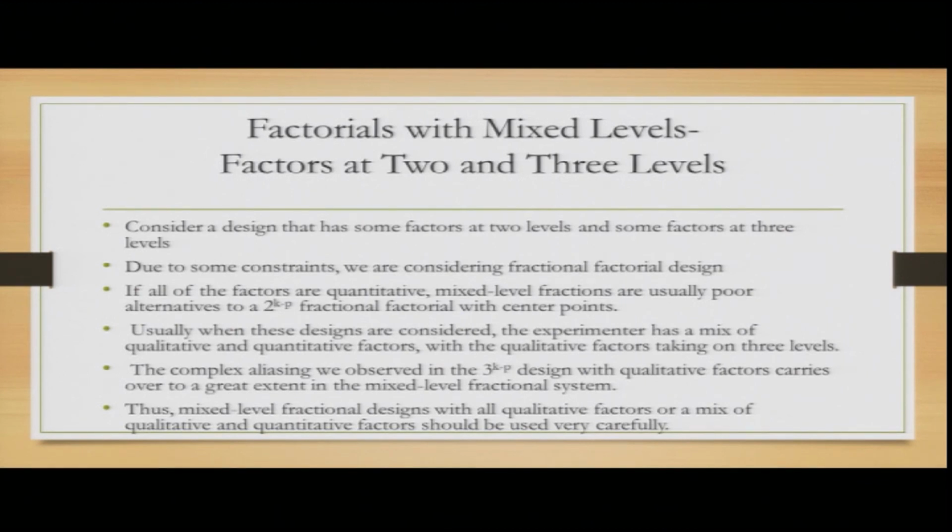Usually, when these designs are considered, the experiment has a mix of qualitative and quantitative factors, with the qualitative factors taking on 3 levels, and correspondingly the quantitative values should also be determined accordingly. The complex analysis we observed in the 3 to the power k minus p design with qualitative factors carries over to a great extent in the mixed level fractional system which you are designing. Thus, mixed level fractional designs with all qualitative factors or a mix of qualitative and quantitative factors should be used very carefully in order to find out the overall effect.